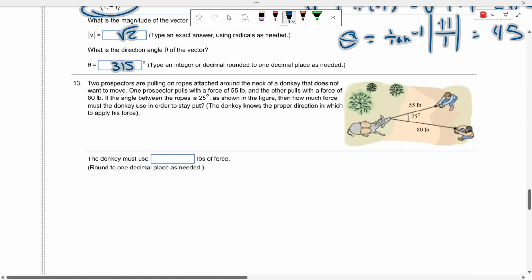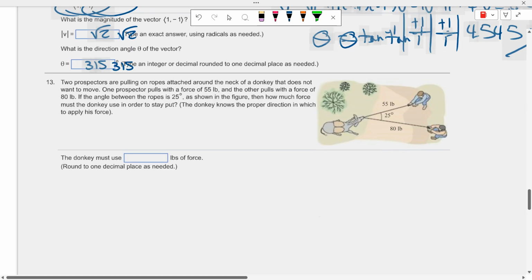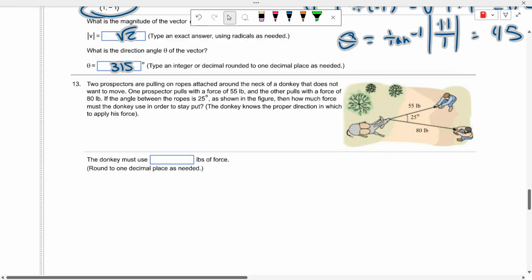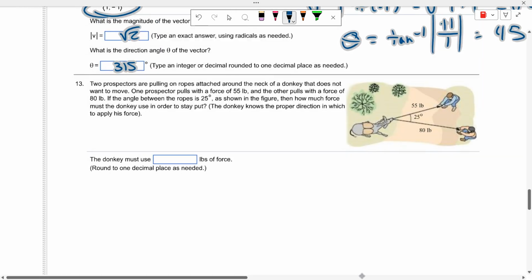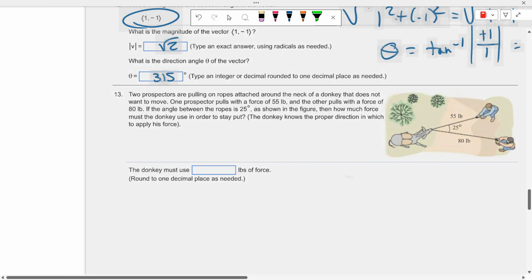The donkey problem is the last problem on here. What I would do is make a parallelogram out of this.